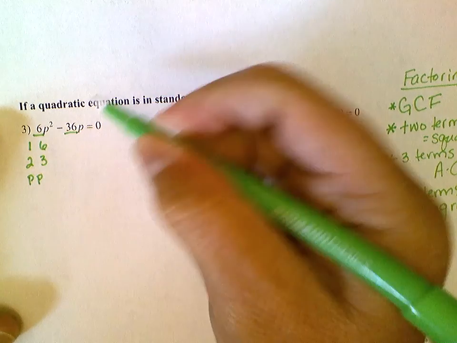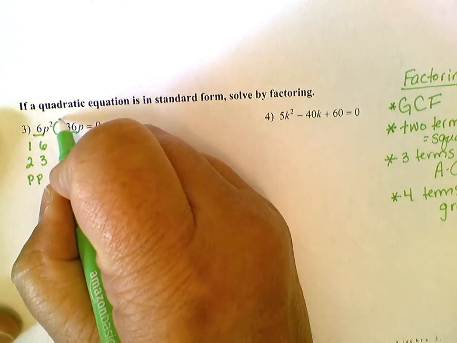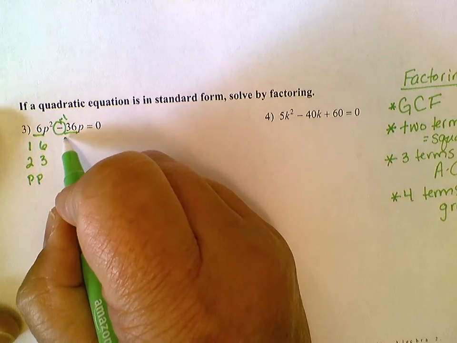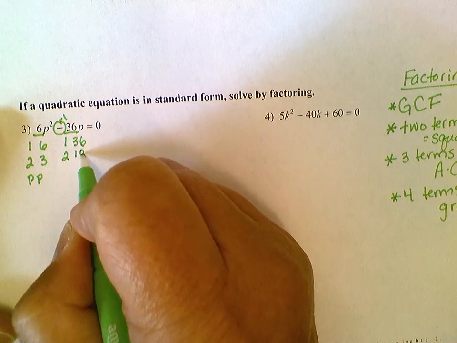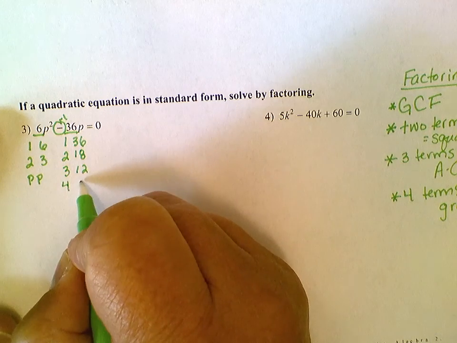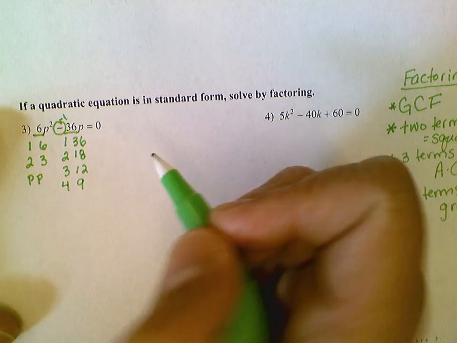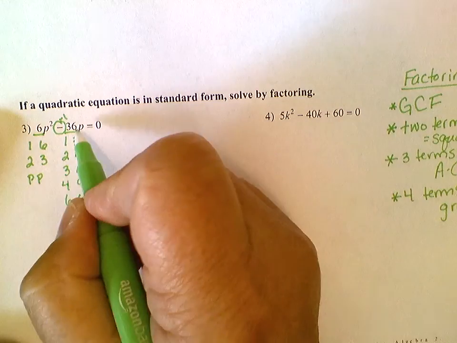For my 36, I do have to remember this minus sign here because that's the same as a negative 1. I have 1 times 36, 2 times 18, 3 times 12, 4 times 9, and 6 times 6. And a p.